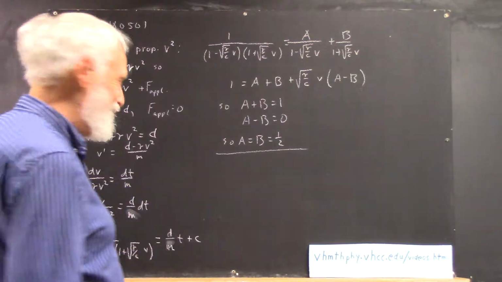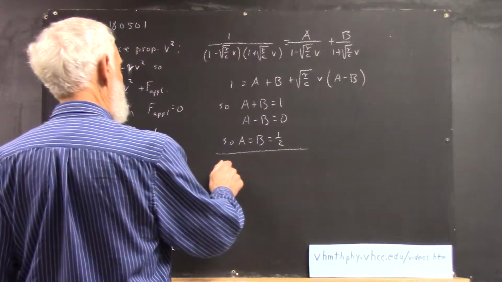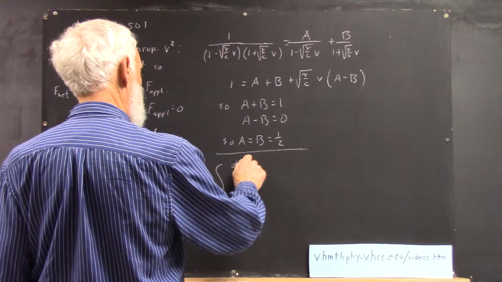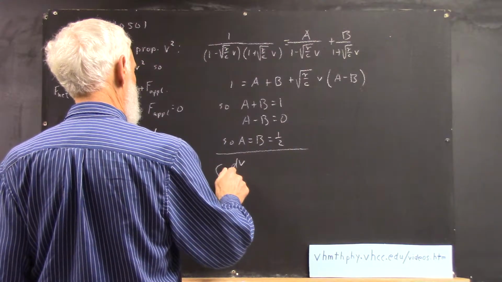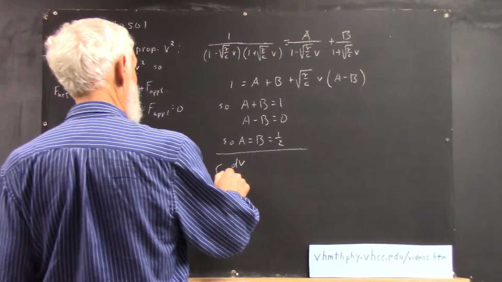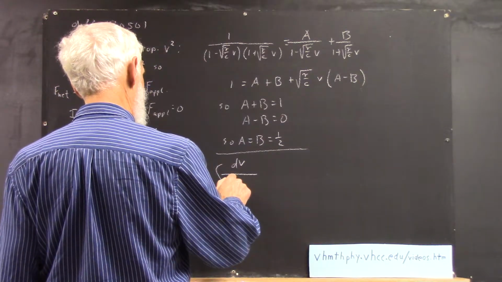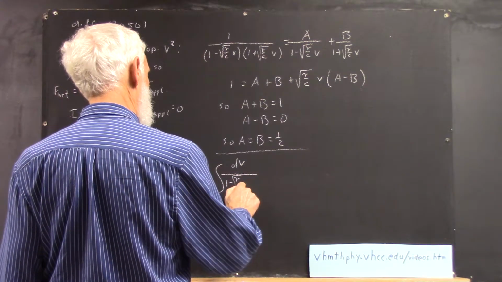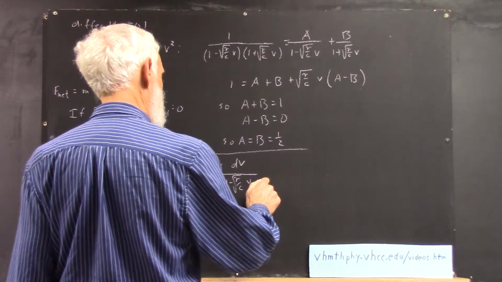So we have now the integral of dv, and we're going to have a 1/2 over 1 minus the square root of gamma over c v.